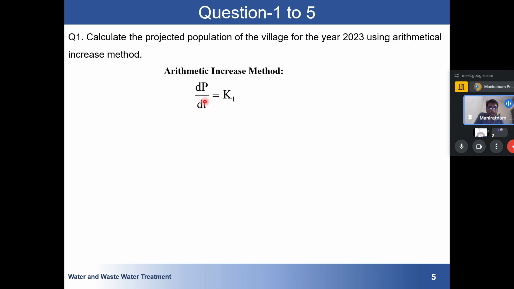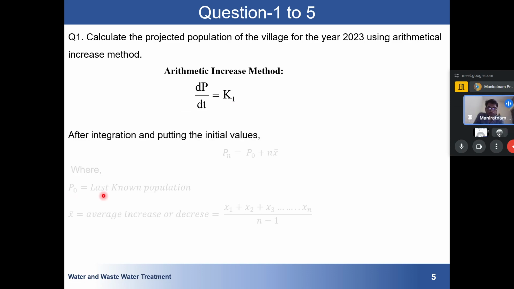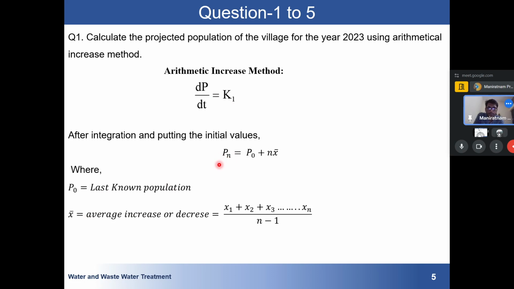If you integrate and put in the initial values, you derive the equation: P_n = P_0 + n x̄, where P_n is the population after n decades, P_0 is the last known population, n is the number of decades, and x̄ is the average increase or decrease. The population of any area will either increase or decrease, so you have to take the average of that increase.